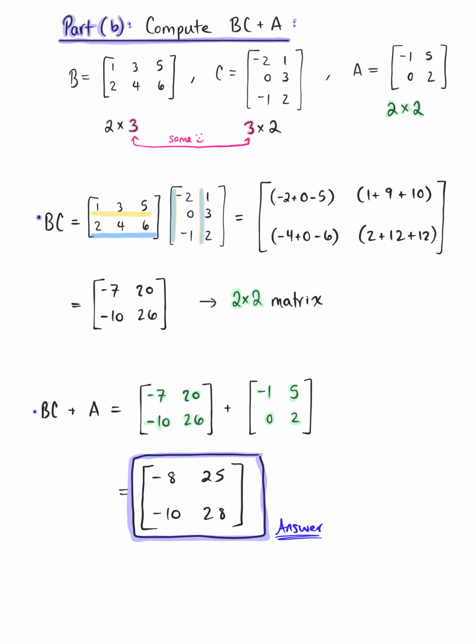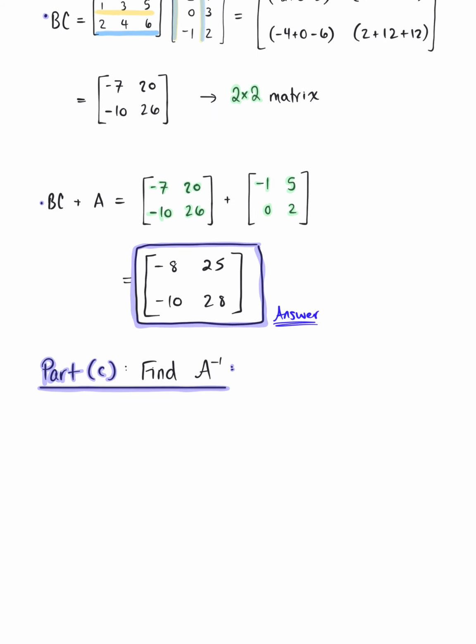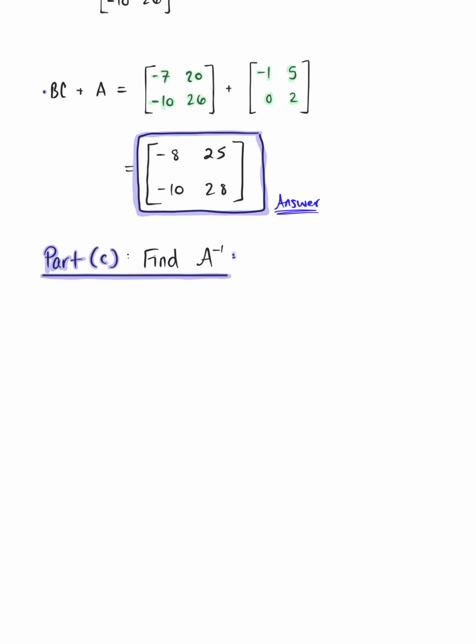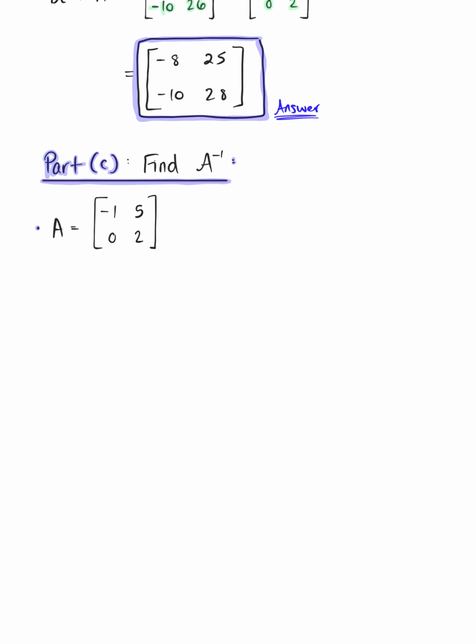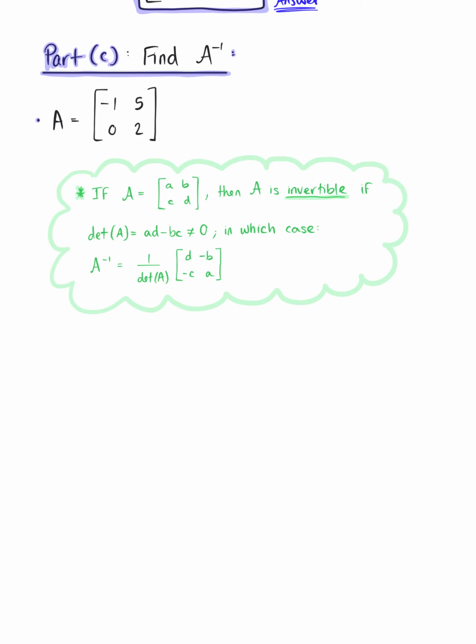Now in part C, we are asked to find the inverse of the 2 by 2 matrix A. Now, keeping the definition of a 2 by 2 inverse in mind, the first thing that we want to do is find the determinant of matrix A to verify that it's invertible.